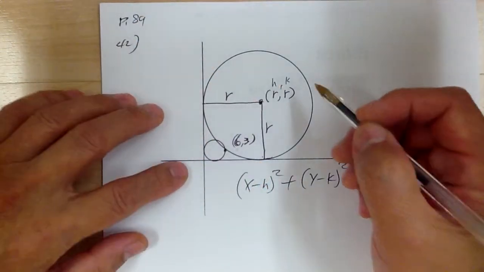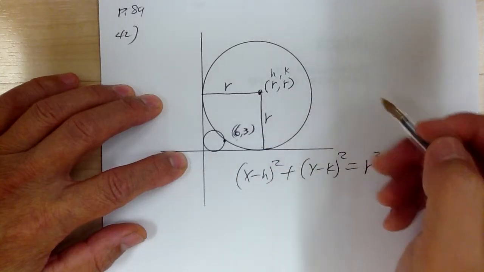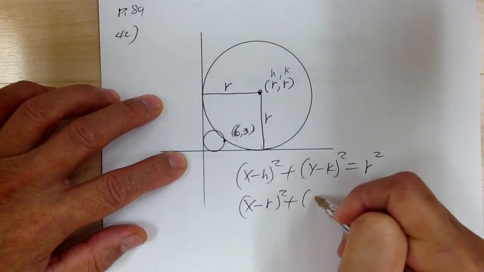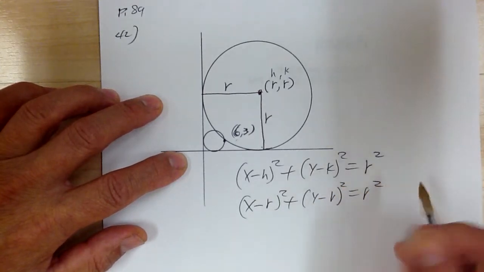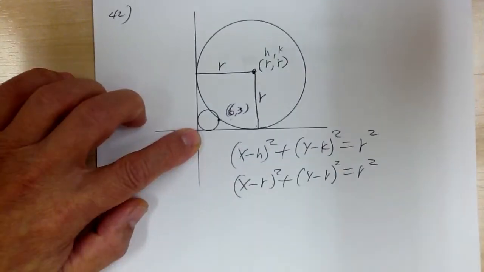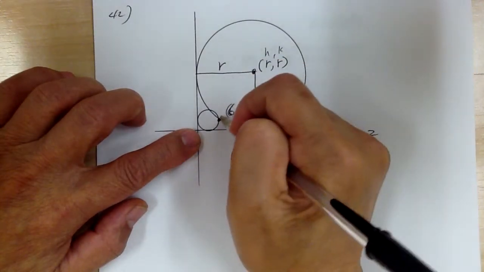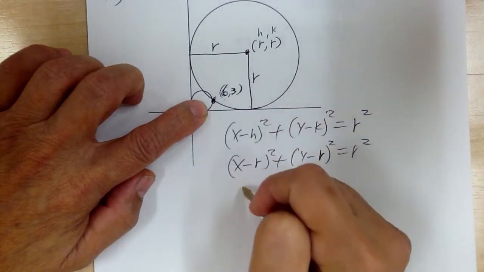So everything's all r, because it's tangent to the axes. So from here, you can have x minus r squared plus y minus r squared equal to r squared, right? Because h and k are all r. Then the next thing is to solve for r. You can use the point that is given to you, the 6,3. Okay, so you can substitute into here.